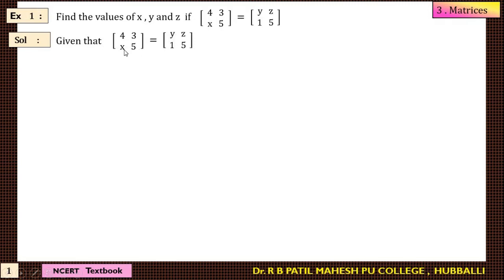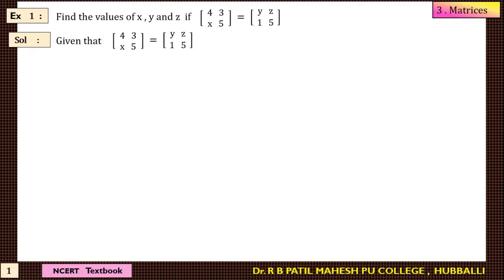In the left side matrix, the position 2 1 is unknown, that is the x term. Now we can easily find the values of x, y, z in this example because they are single terms. By the definition of equality, the first term on the left side and the first term on the right side are equated, meaning they should be equal.